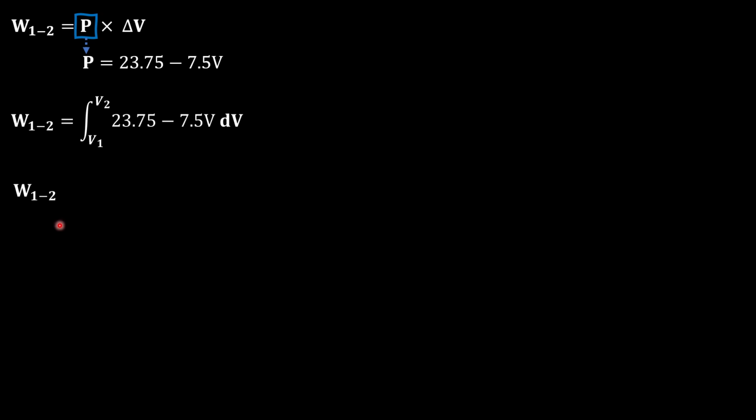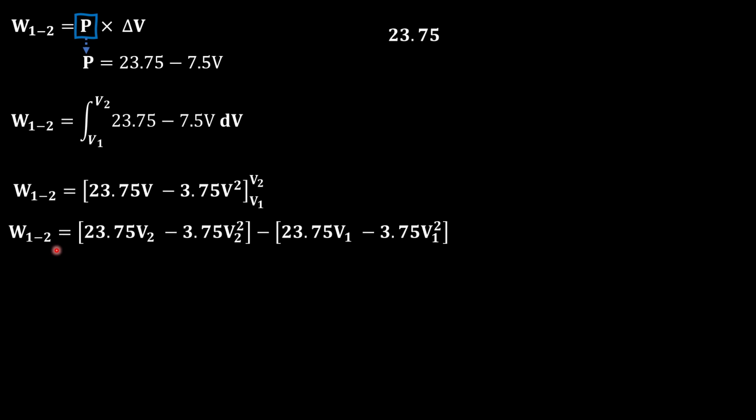Now, here we will solve for the integral. So it will be 23.75 V minus 3.75 V squared, because 7.5 divided by 2 gives you 3.75. So here we will plug in the values that we need, the V2 and the V1.